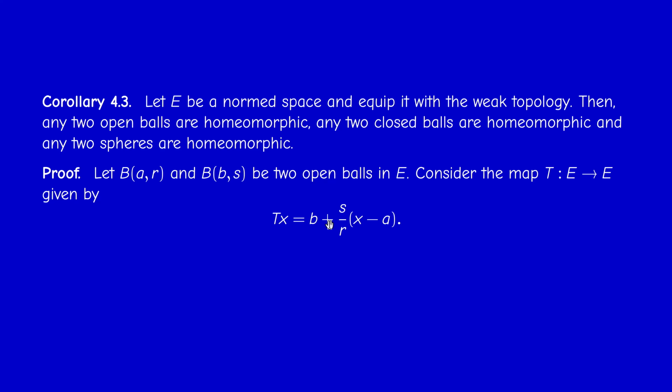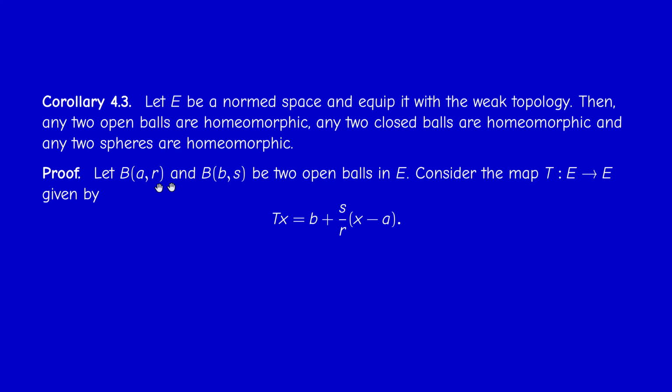But according to the previous theorem, T is continuous weak. And T is invertible actually. If you just solve this equation, call this y, you can solve for x in terms of y and you get T^{-1}. If you think of it geometrically, it's easier because this is just a homothety and translation, so it's invertible. And the inverse is also a combination of translations and homotheties, so it has a similar form. So both T and T^{-1} are continuous in the weak topology.